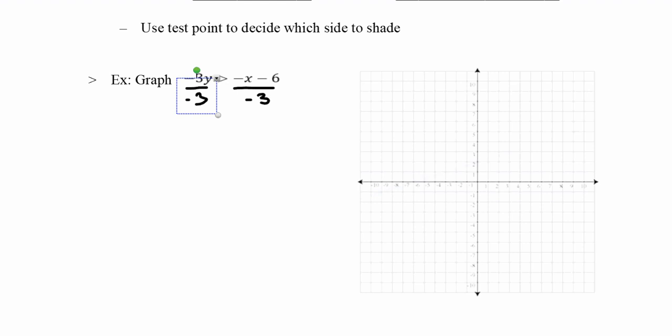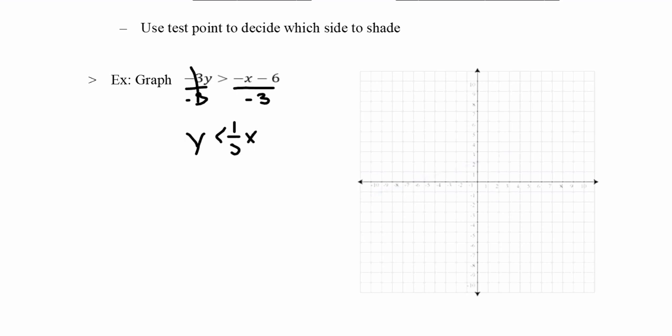Now, if you remember, when we divide by a negative number, I want to make sure I flip my inequality. That still holds from last time. So we're going to get y is less than, and -x divided by -3 is going to be positive 1/3 x.